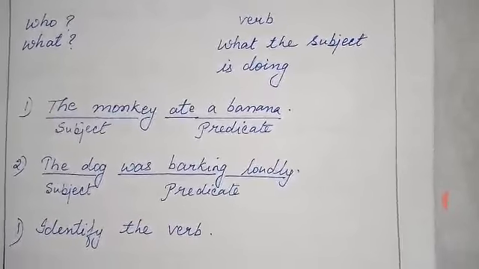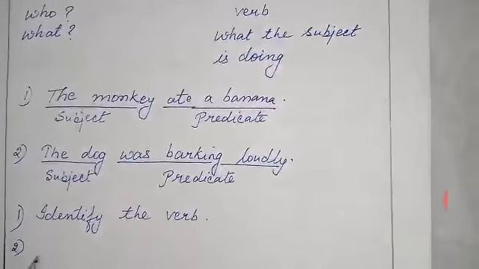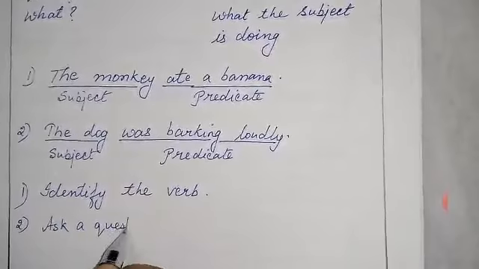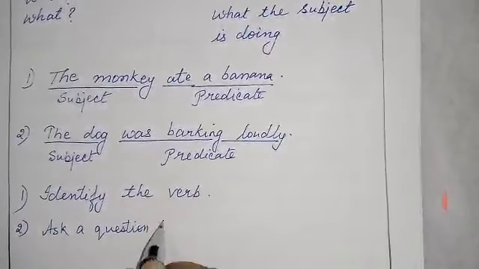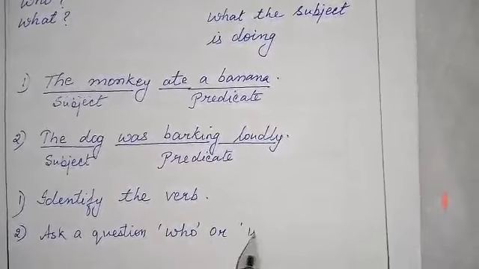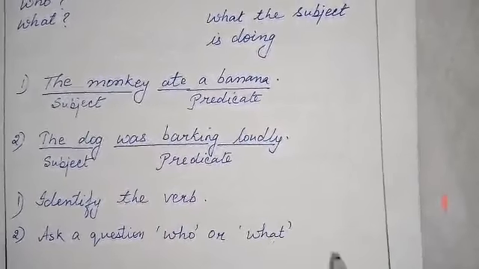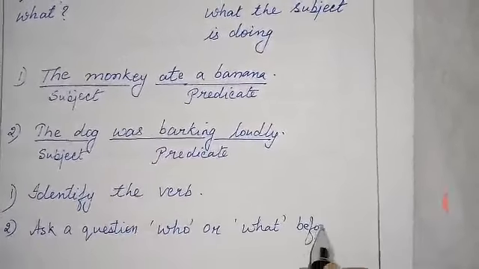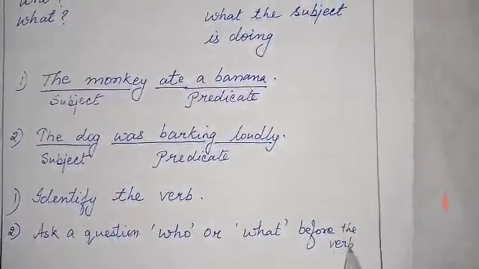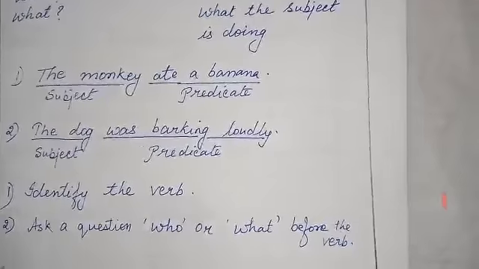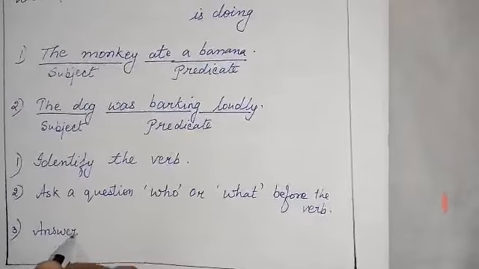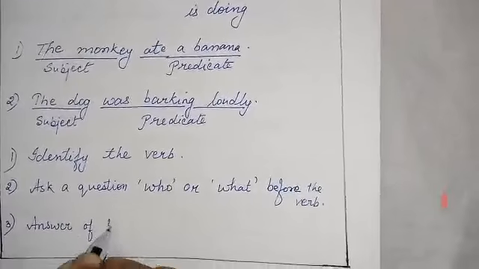So our next step is, ask the question who or what before the verb. Now the answer which you will get, that is our subject. So the answer of this who or what is our subject.